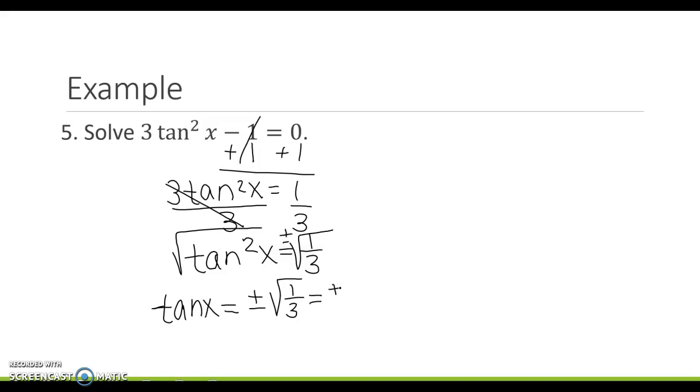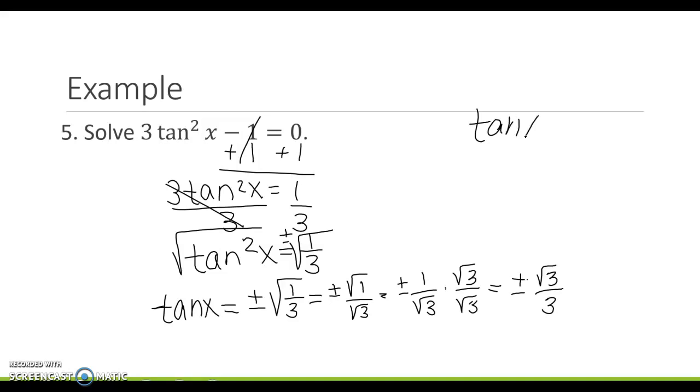When you take the square root of a fraction, remember it is taking the square root of the numerator and denominator separately. Square root of 1 is 1. Square root of 3, rationalize it. So I actually have plus or minus square root of 3 over 3. So I'm looking at where is tangent of x equal to positive or negative square root of 3 over 3.